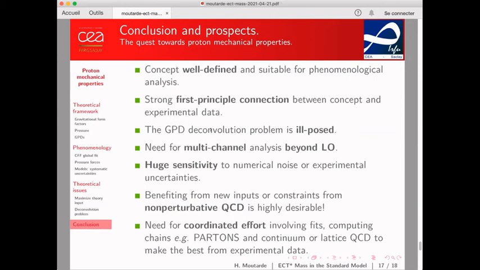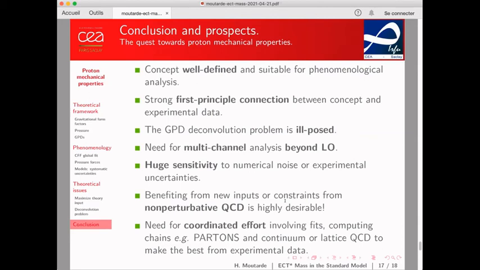However, when we think generally about it, the GPD deconvolution problem is ill-posed, which means that in order to avoid this problem, we will have to go to multi-channel analysis beyond leading order. And I think that inputs or constraints from non-perturbative QCD would be beneficial, either working directly in terms of pressure forces or in the deconvolution problems.